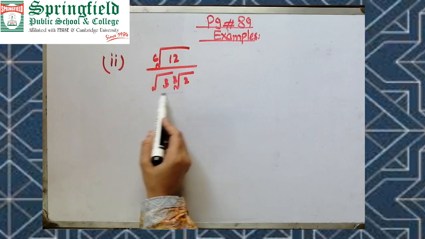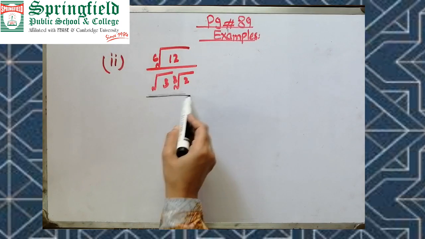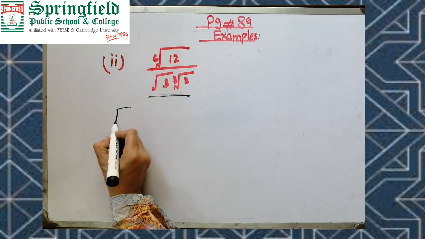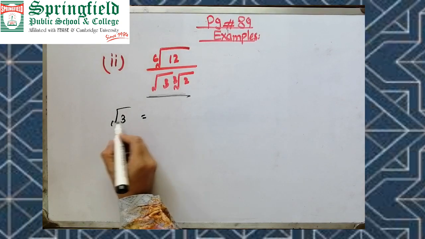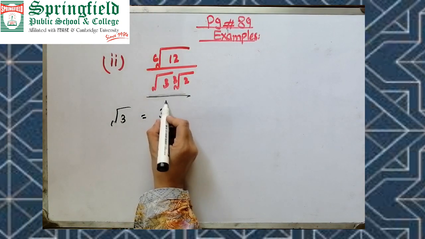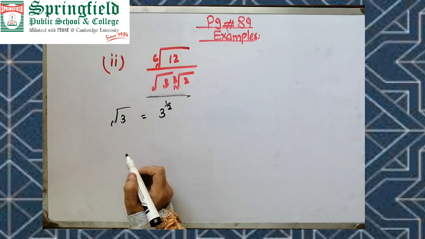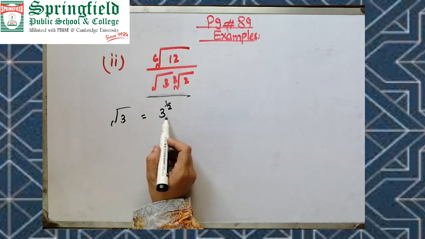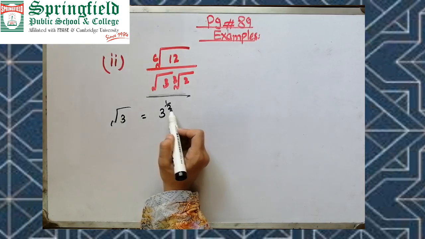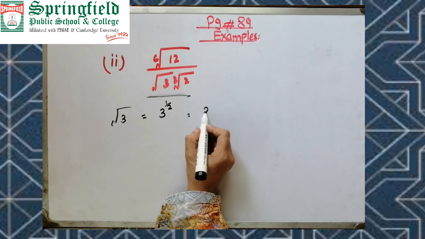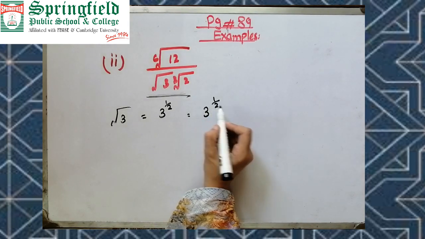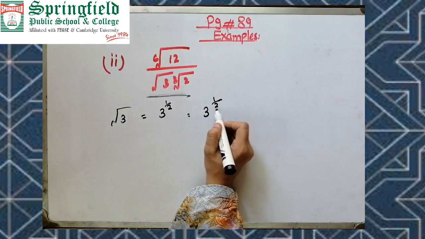So first take the denominator. Under root 3 means 3 power 1 by 2. Under root, as we know, the value of under root is 1 by 2. So it can be written 3 under root, 3 power 1 by 2. And 3, 1 by 2, make the denominator 6.